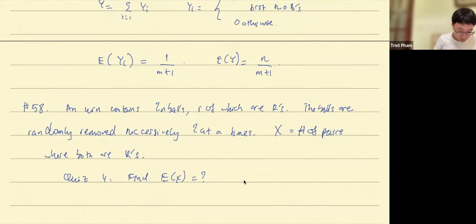All right. Can anyone tell me how can we write X here as a sum of some random variables? And then how can we find expectation of such random variables?